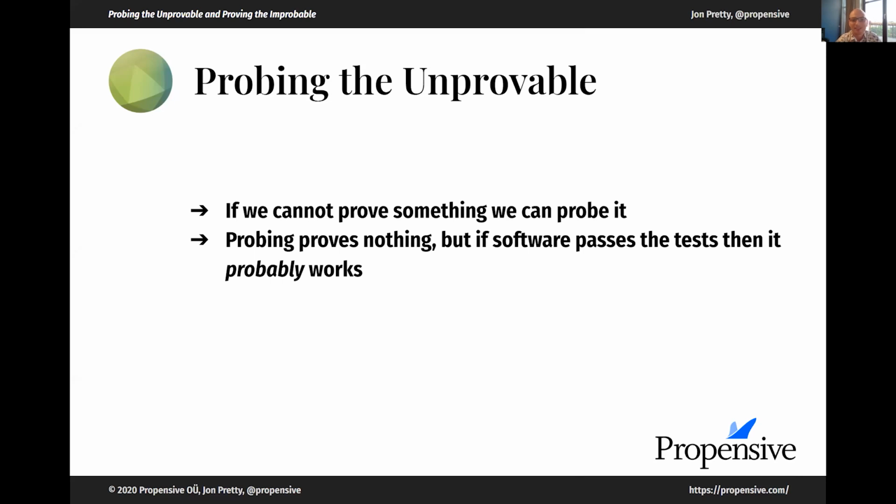Now, probing doesn't prove anything with absolute certainty, in the same way that using the type system to enforce constraints on your data, your model, can. But if your software passes the tests, and if those tests are comprehensive, then you can say that it probably works. And you probably shouldn't say anything more certain than that. It's not a proof, it is mere probability.